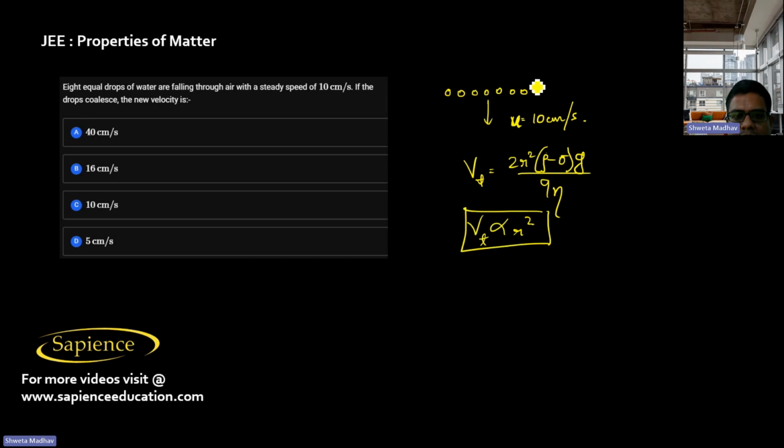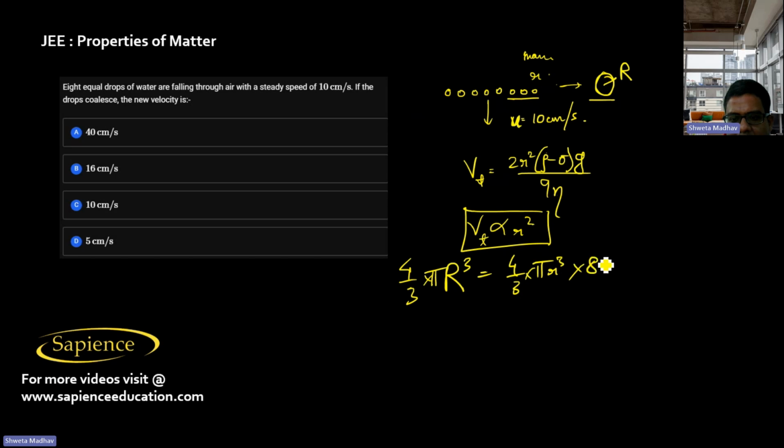Now suppose initially the radius was r, and the drops coalesce to form a big drop. What will its new radius be? We can take the volume as the same, since by conservation of mass, the density is the same, so the volume also will be the same. So 4 by 3 pi R cube will be equal to 4 by 3 pi r cube into 8, since 8 drops coalesce to form a single drop.